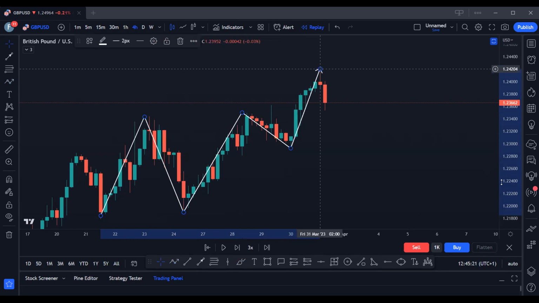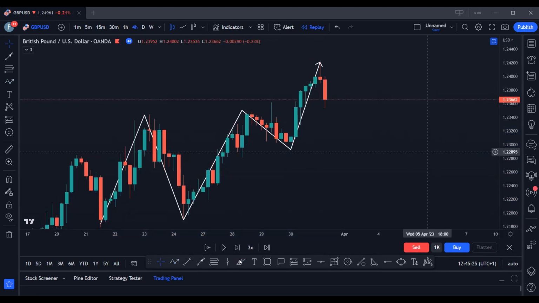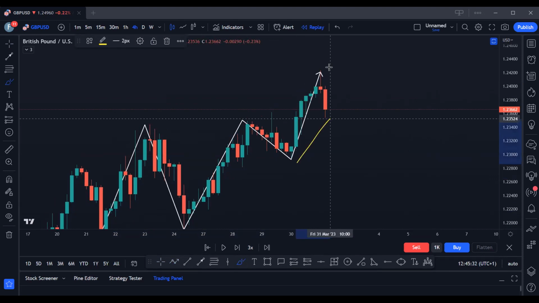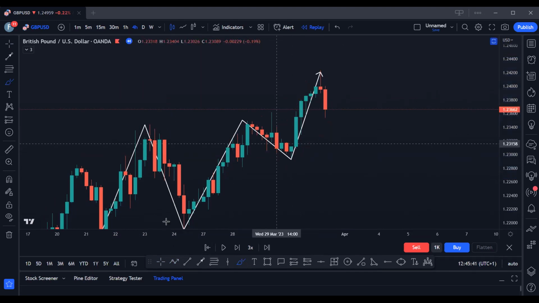So price is still in an uptrend. What do you do in an uptrend? You are interested in buying. So on this particular leg now, you want to identify a support. So we can see this particular support here. Let's draw that out.